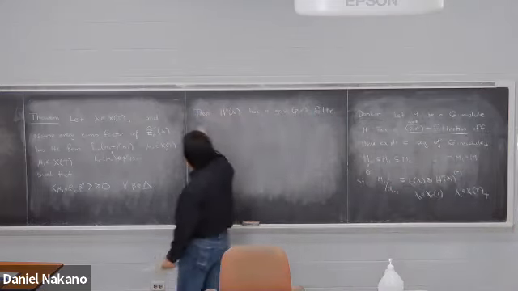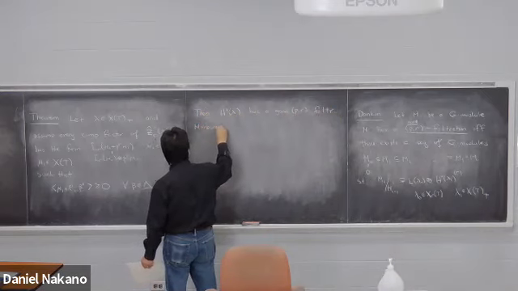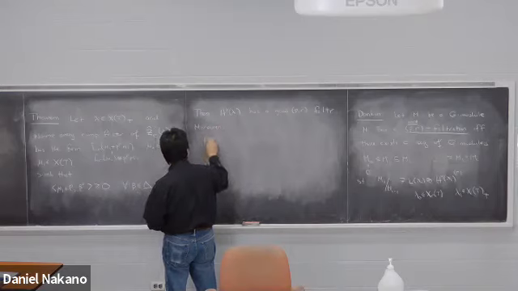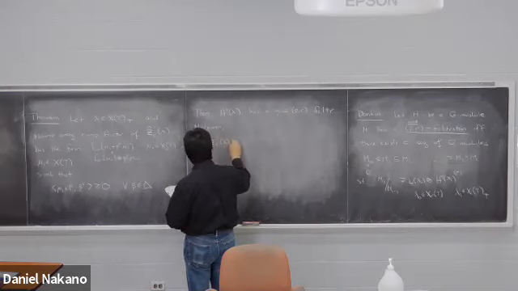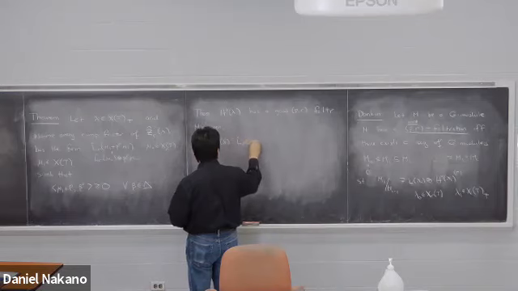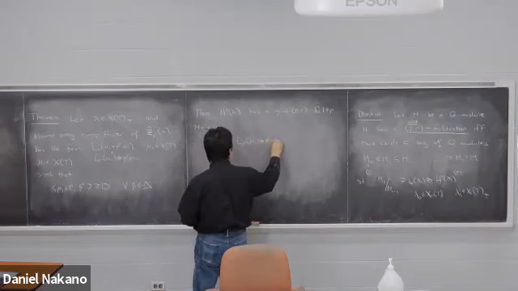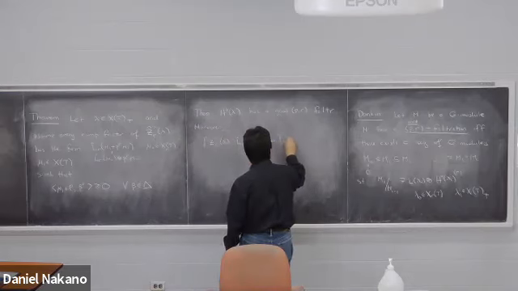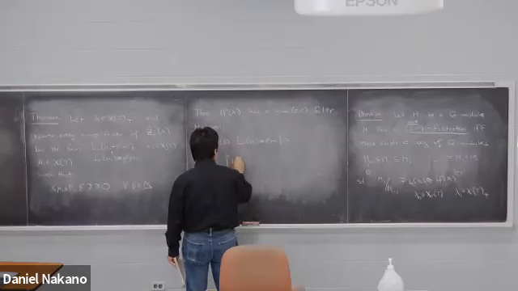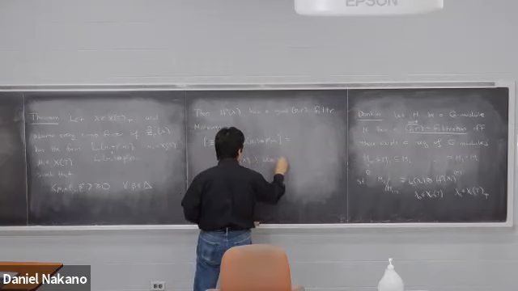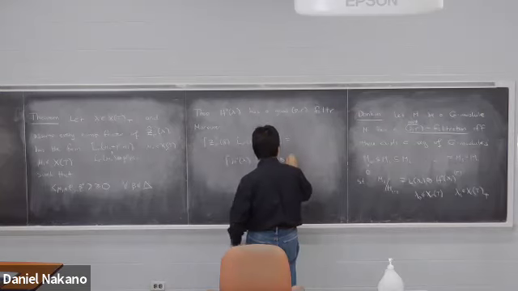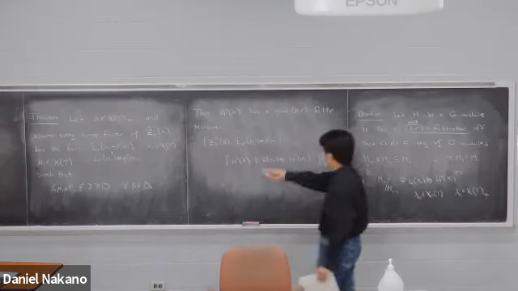And moreover, if I know the composition factors of this, let me say it this way: the number of times this composition factor occurs in the GRB module is the same as the number of times H0 of mu1, twisted, appears in this filtration.